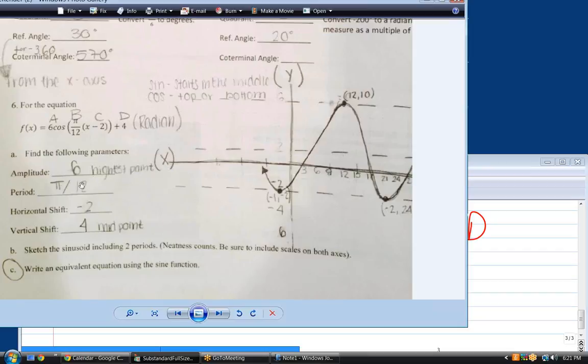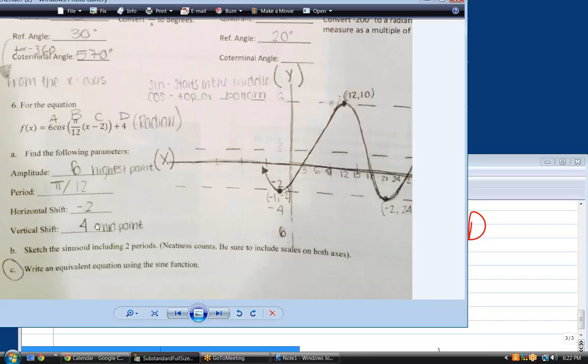So if we have the period correct of 24, and we have the horizontal shift, which really this should not have a plus or minus, this should say 2 units right. Okay. Because the negative isn't clear whether we want to go right or left. And in fact, we want to go to the right, not the left. Okay. Vertical shift should say 4 up, not 4 midpoint.